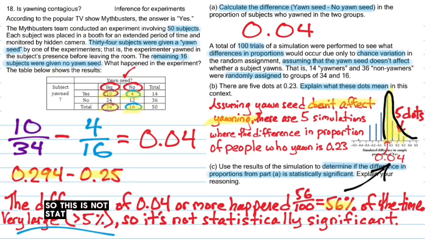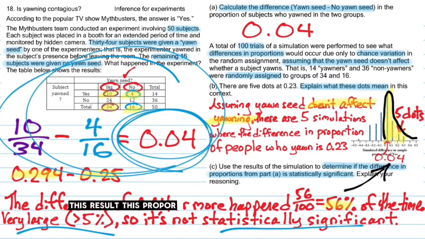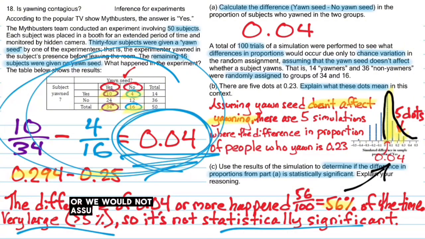So this is not statistically significant information. This result, this proportion, happened very, very often when the individuals in this study were reshuffled into the different groups. So if we're getting the same proportion, but everyone's just being reshuffled around, then that means the treatment isn't causing, or we would not assume that the treatment is causing, a significant impact on whether or not somebody is going to yawn.